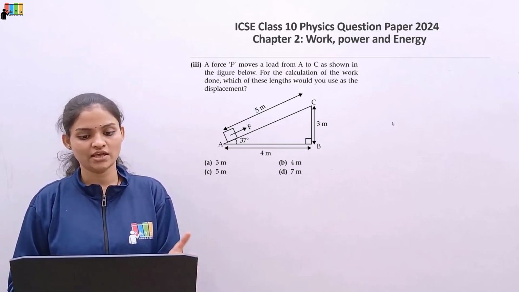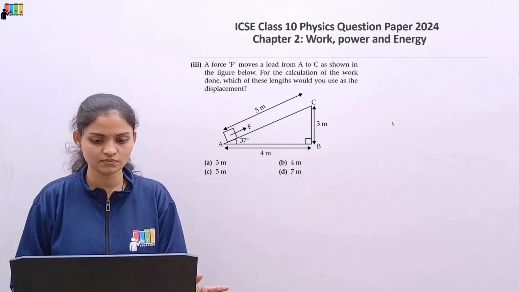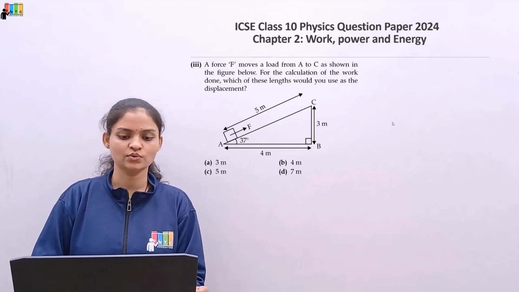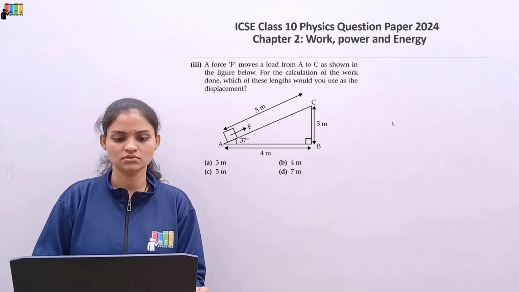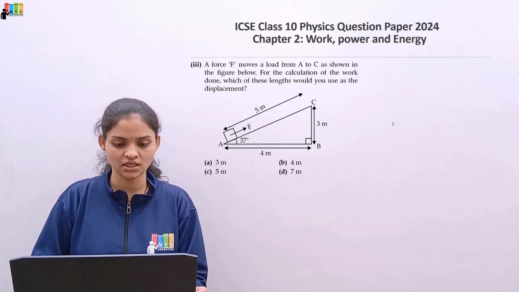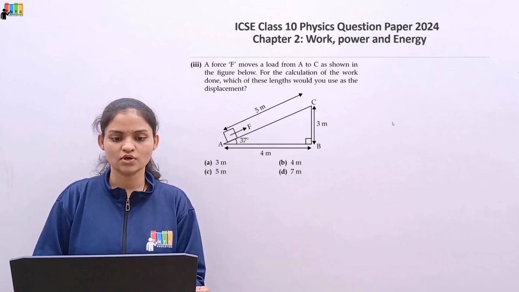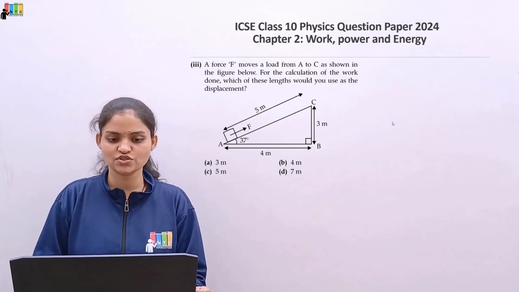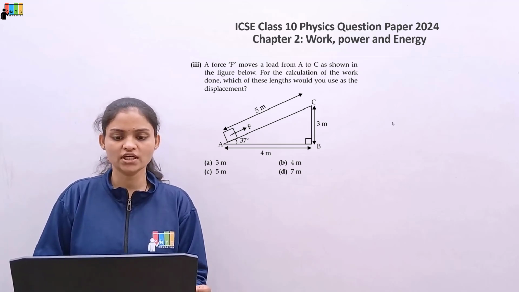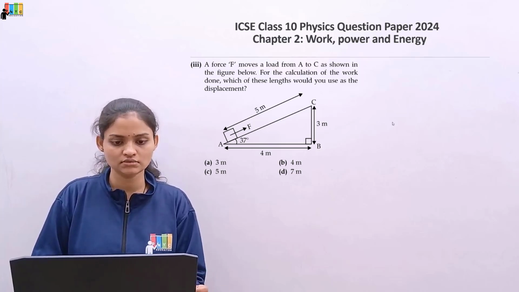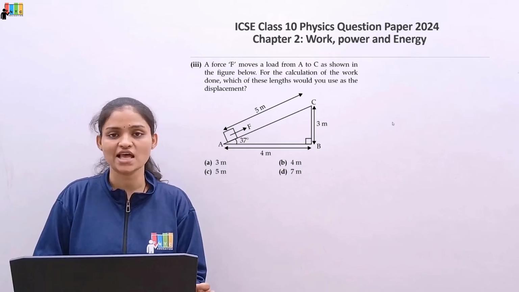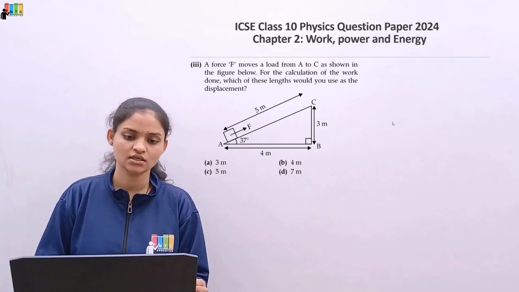The force F, as you can see in the diagram, there is a triangle, and you can see a block near point A. What is asked? A force F moves a load from A to C as shown in the figure below. For the calculation of the work done, which of these lengths would you use as the displacement?